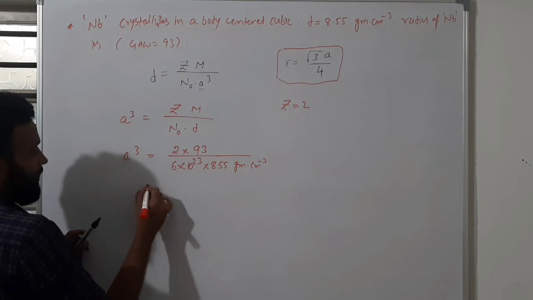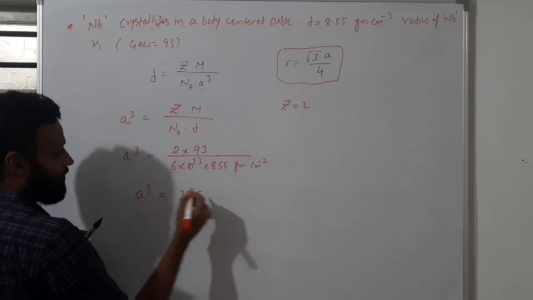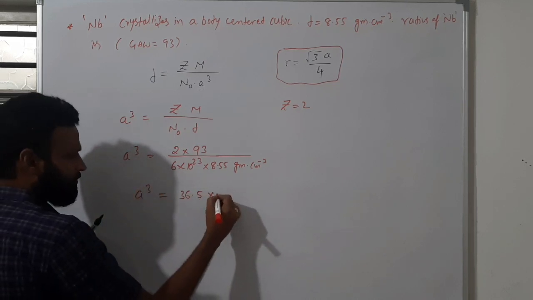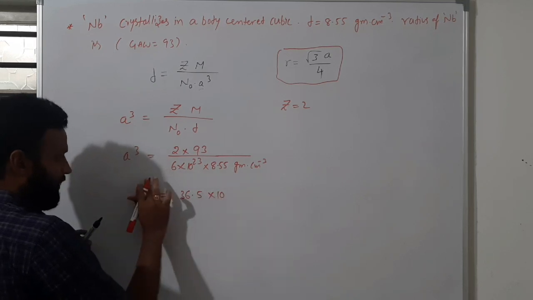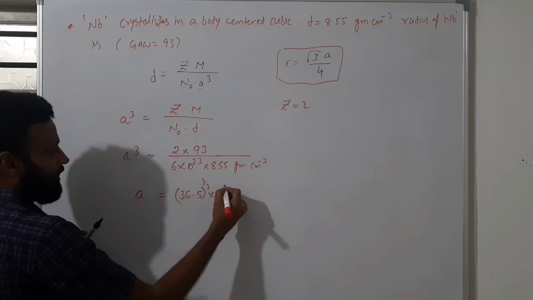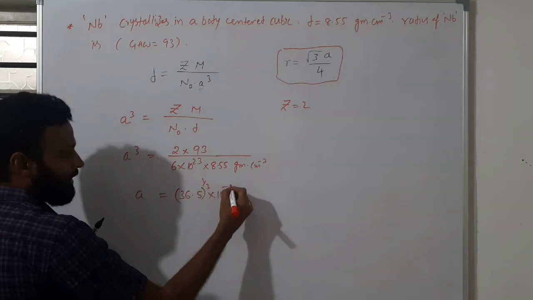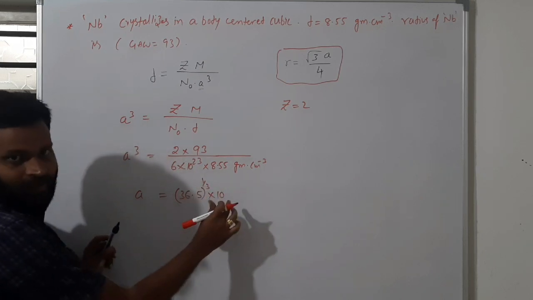So I am substituting 8.55 now, in gram per centimeter power minus 3. Now a cube, I'll get like this: 36.5 into some 10 power. Directly I'll get this 36.5 whole power 3, and 10 power minus 8 I will get here.